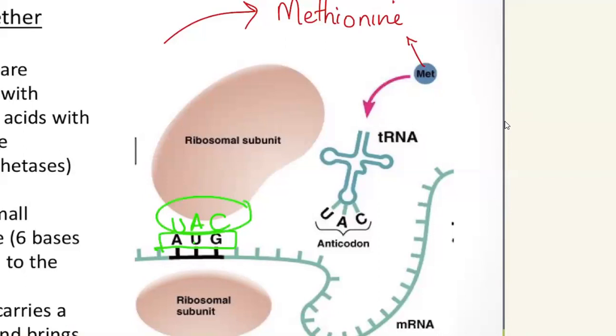So the first codon in translation is always AUG. Why? Because schools start in August. Schools open in August, and the first amino acid is always methionine. After that, which amino acid comes depends upon the requirement of the body. Is that clear?